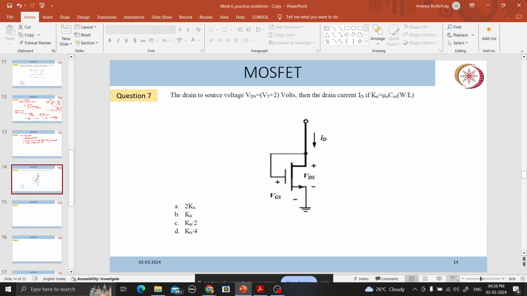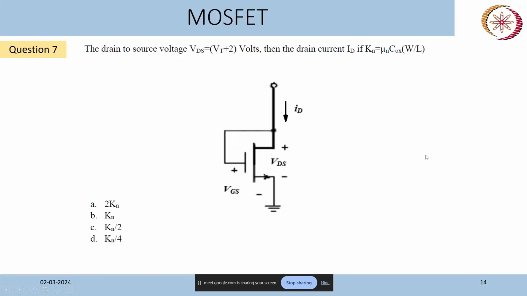Okay, let's do the next question. Here a MOSFET circuit is given. Till now we have considered questions which are mostly related to the device, and this is a circuit. The drain to source voltage VDS is VT plus 2 volt.